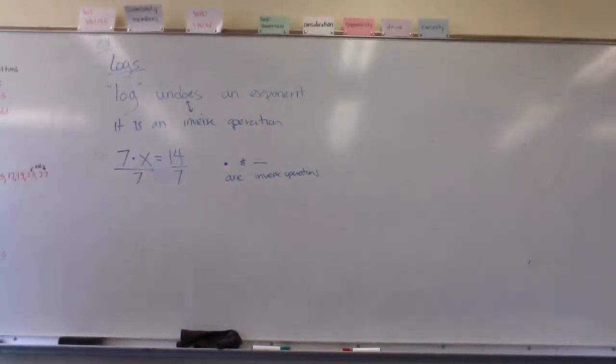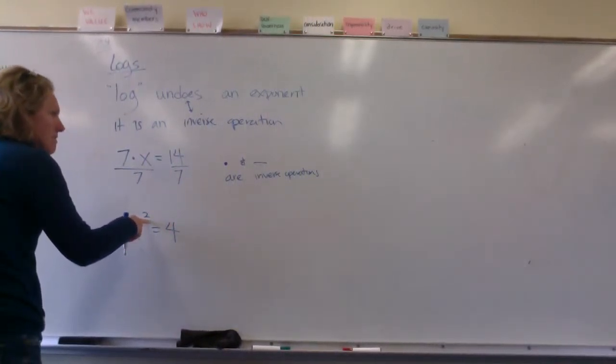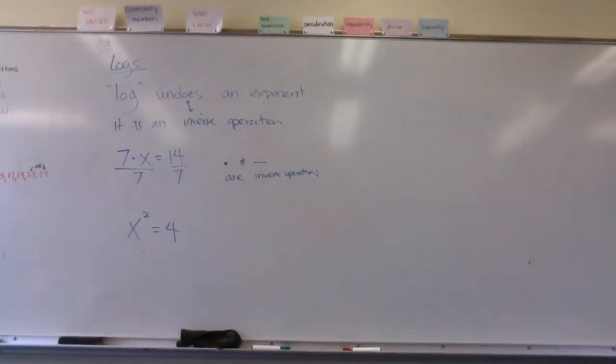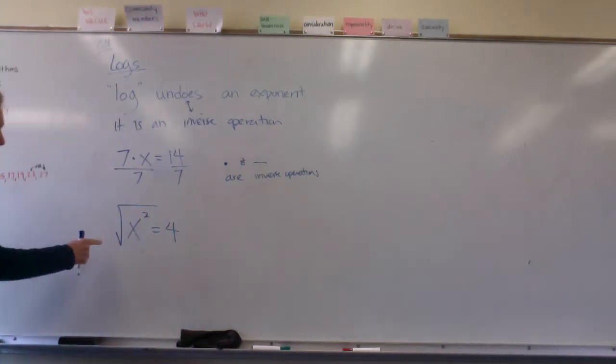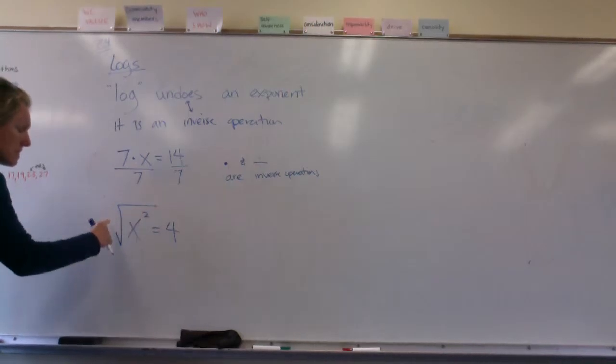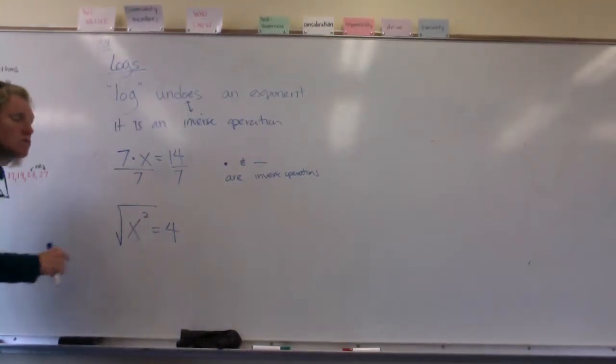To take things another step further, how would I undo this operation? The square root. So this is a symbol, and someone tell me what this symbol is. Square root. What does it mean? What question are you asking when you draw that symbol?